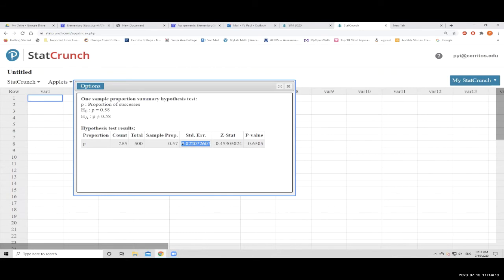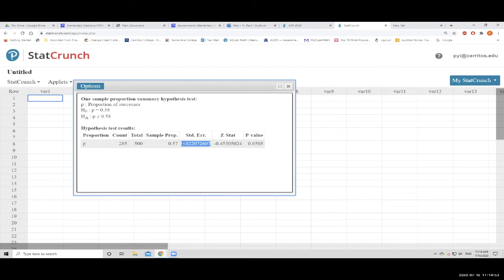So I'm going to write that standard error. This standard error is equal to 0.0221, and we get a test statistic equal to negative 0.453.